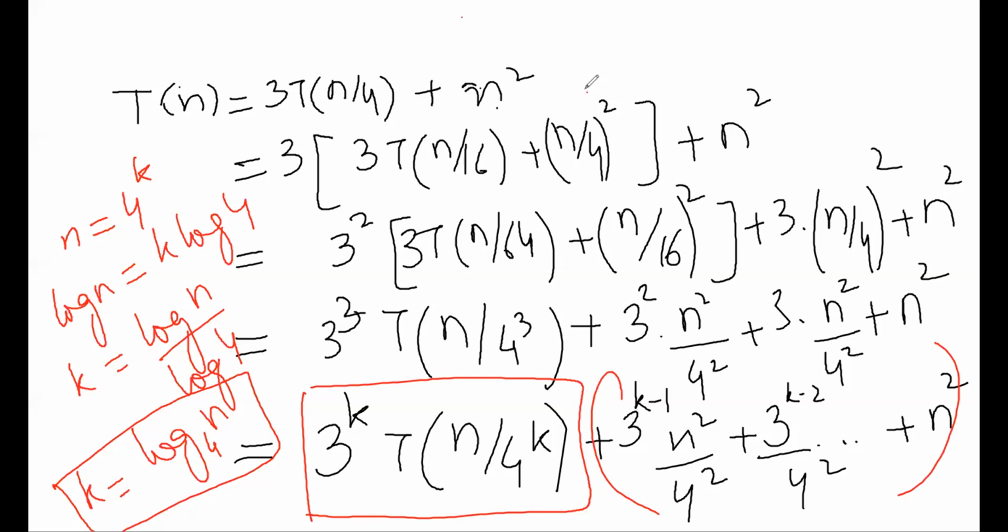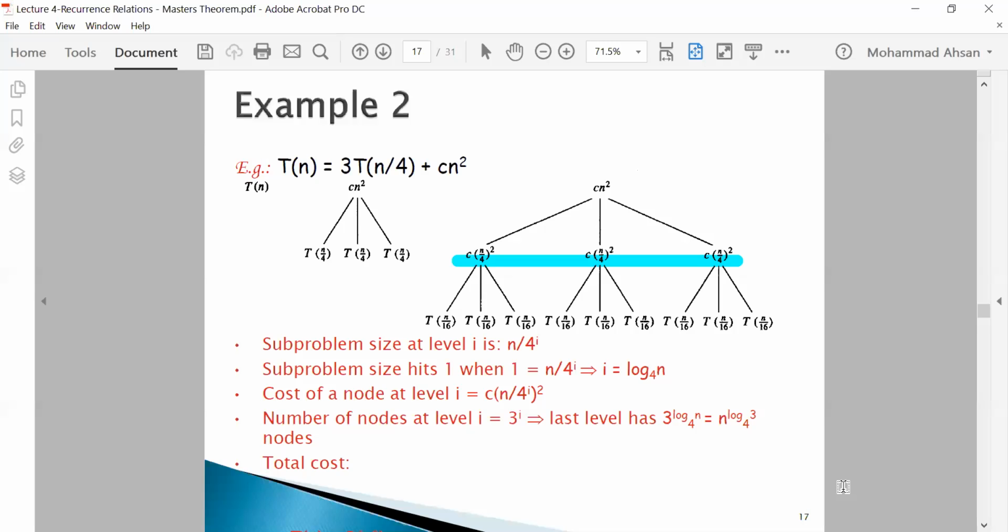So if you go back to the slide, the height k is log n to the base 4. What is the cost at each level?